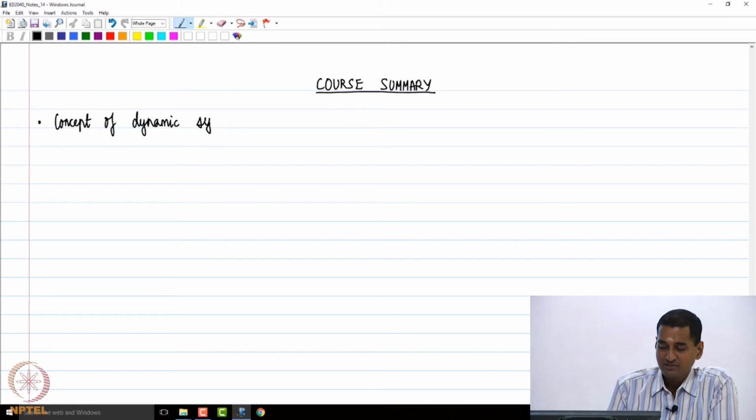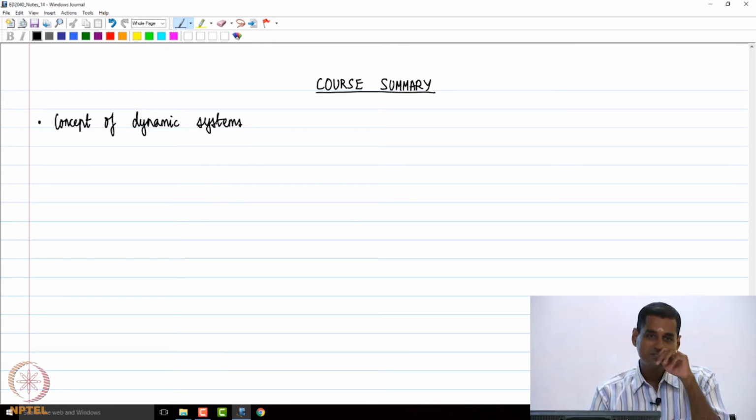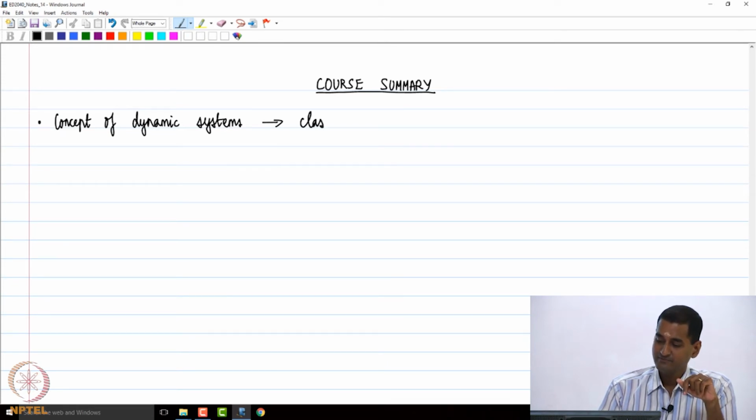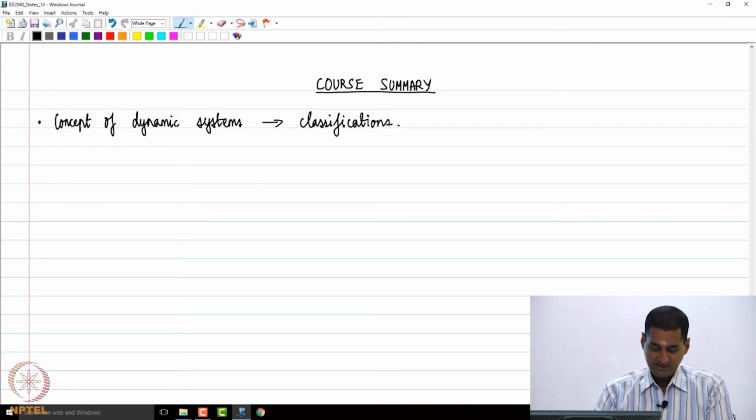And then what are the classes of dynamic systems based on whether it's linear or non-linear, what is the definition of time invariance, causality, and so on, single input, single output systems, and all those classifications were first learned. So that's something which we looked at.